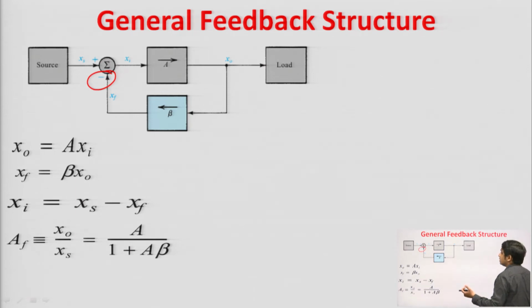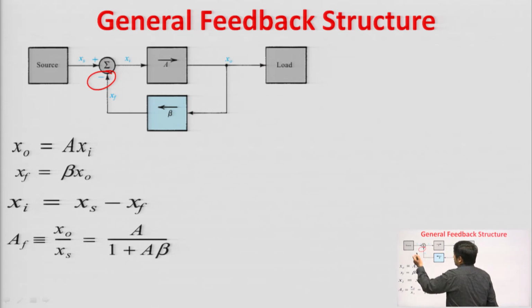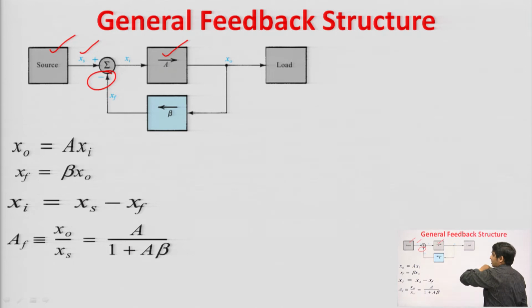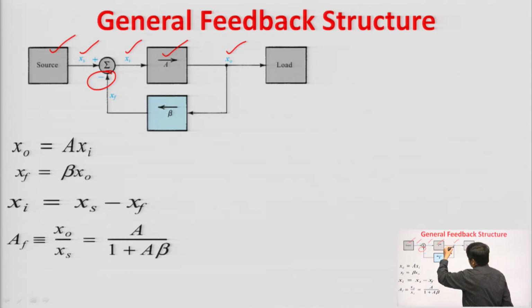So, you can see that this source is generating some signal Xs, and this is the basic amplifier. The gain of that amplifier is A, the input of this amplifier is Xi, and the output is X naught. Now, this X naught goes to the input side through the feedback circuit, and the gain of that feedback circuit is beta.